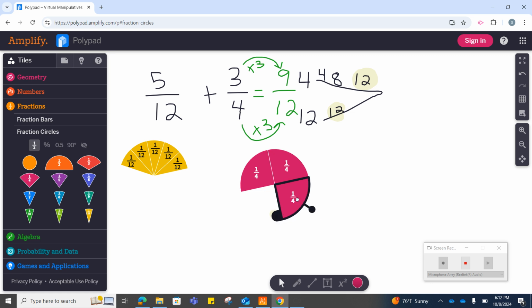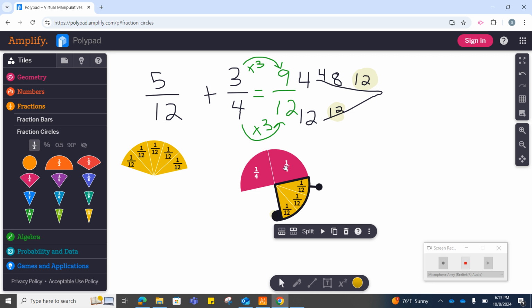So if you look at this, this is the first 1/4. The second time I rename it is 2/8. The third time I rename it is 3/12. Okay? Do you see that pattern there? That's why I'm doing the same thing to the top and the bottom, because each time I break it, I would also get a different number here.